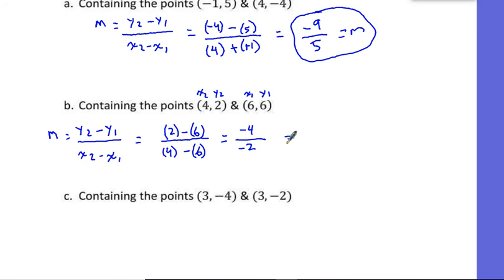Negative 4 divided by negative 2 is a positive 2 over 1, or just 2. That is the slope of this line.